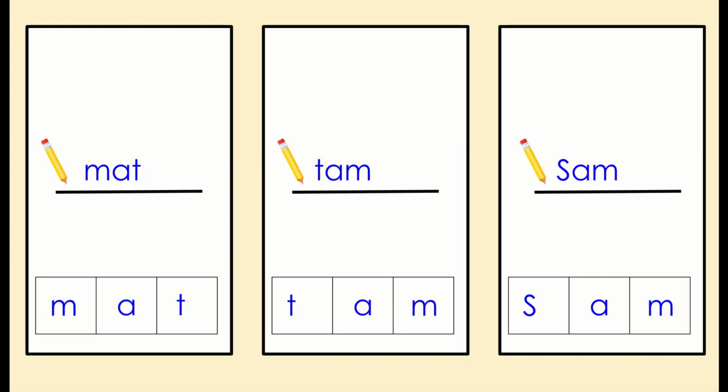T-A-M. And finally, the last word, Sam. Am. You should have written capital S-A-M. Sam needs to begin with a capital S because it is a name. Did you remember that from our last lesson?